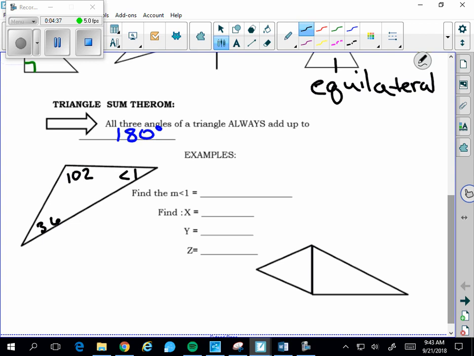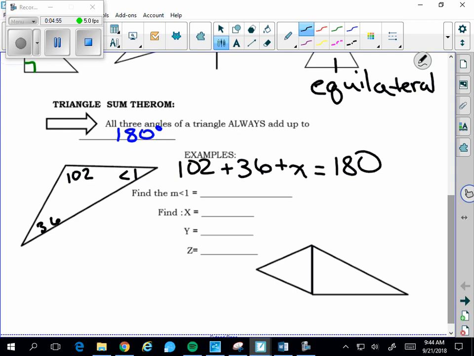I'm going to say 102 plus 36 plus the measure of angle 1, I'll call it x, is equal to 180. Because that's what my theorem tells me.